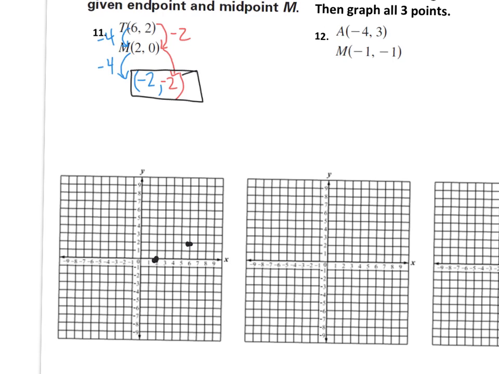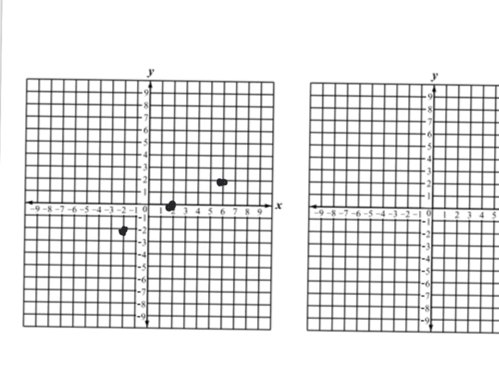And then the other endpoint is at negative 2, negative 2, which is right there. If we connect the dots, zoom in a little bit, it looks like our M, which is our midpoint, is right in the middle of those 2 dots.